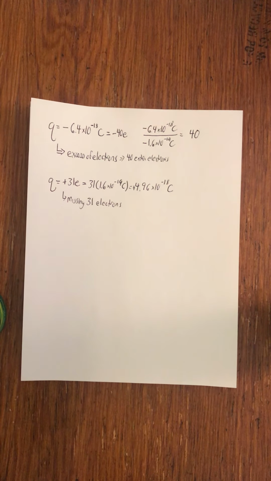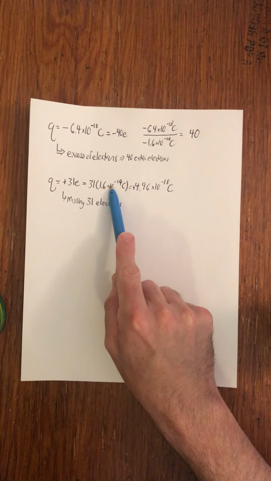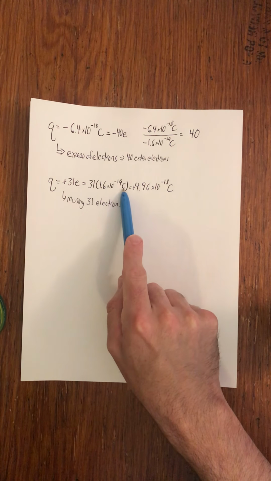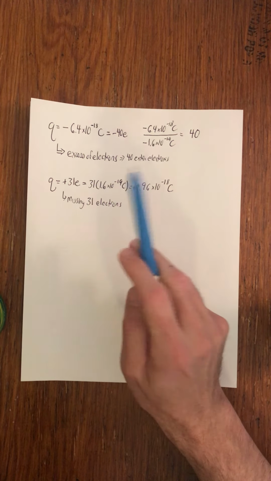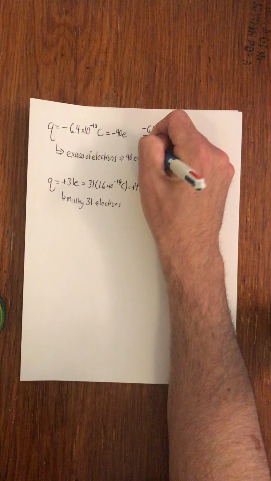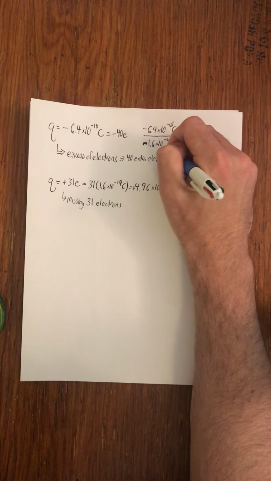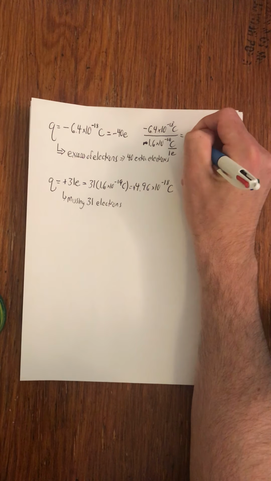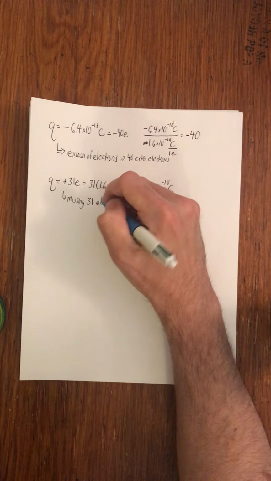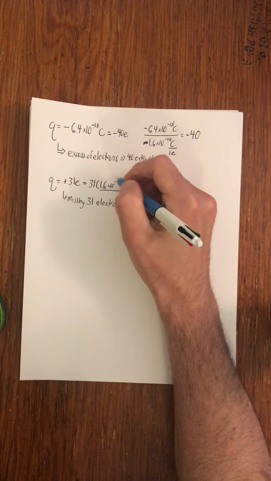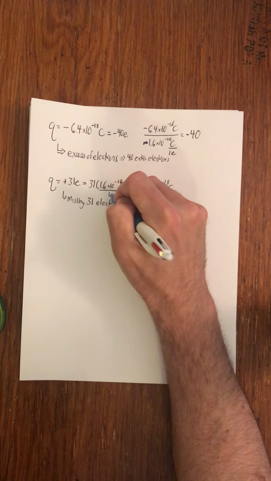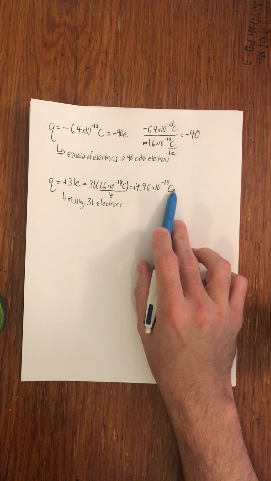So I can convert back and forth between coulombs and elementary charges by using my conversion factor of 1.6 times 10 to the negative 19th coulombs per elementary charge. If you want to think of this as a conversion here, let's ignore this negative sign, right? Because this is coulombs per 1E, and I end up with negative 40E. This is 1.6 times 10 to the negative 19th per 1E, and this is E, and I end up with that, right?